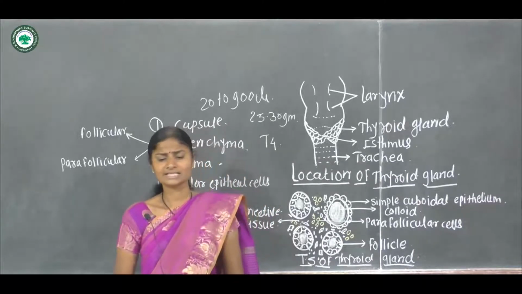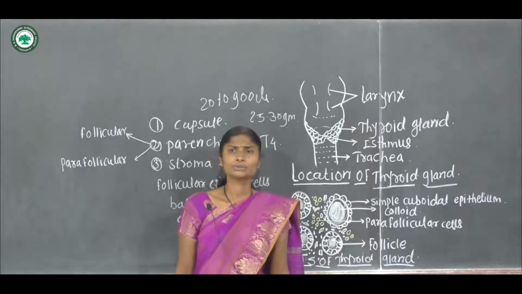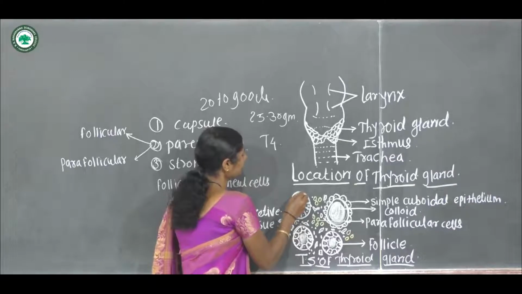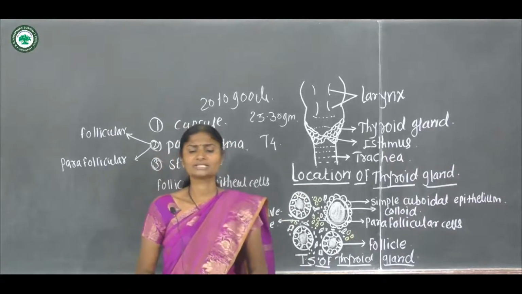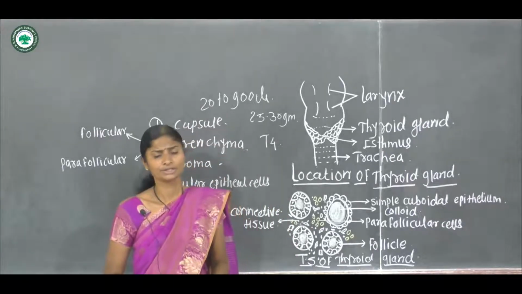The follicular cells show a central or basal rounded nucleus.